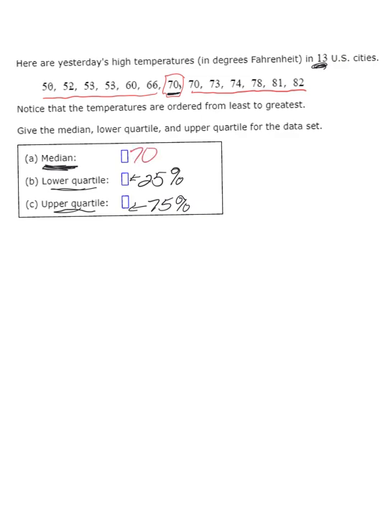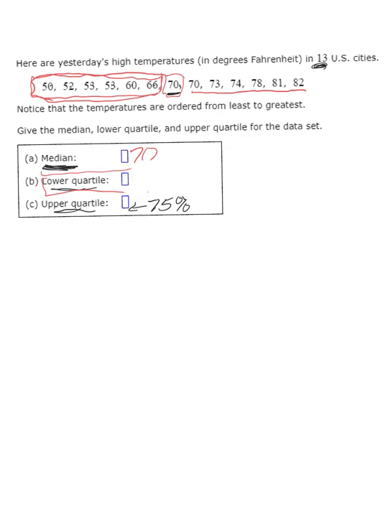All right, so the lower quartile is really the median of these values right here. This lower 50 percent, all I gotta do is find the median of that to give me the lower quartile.